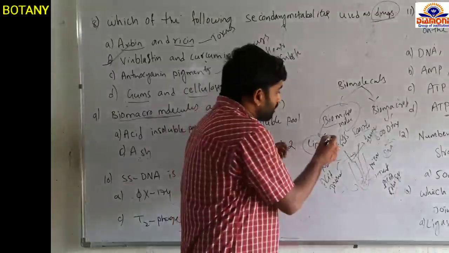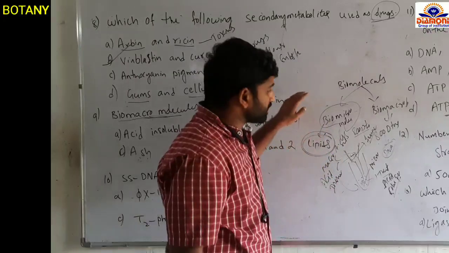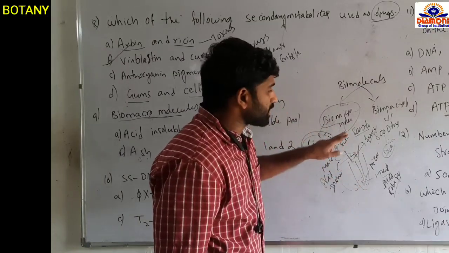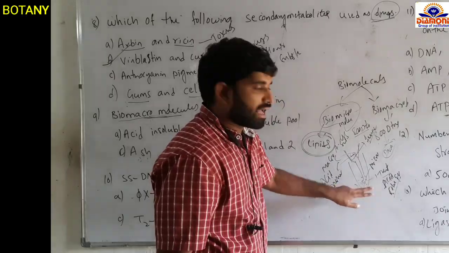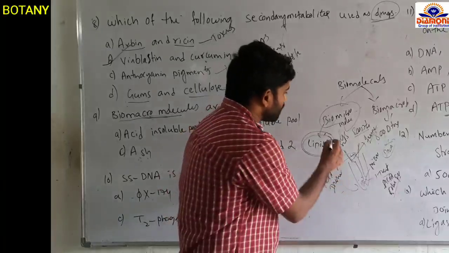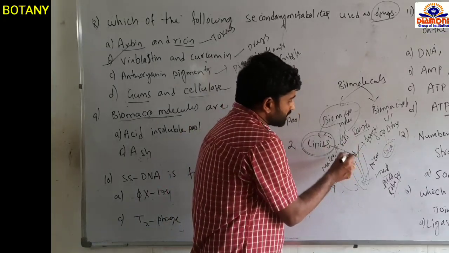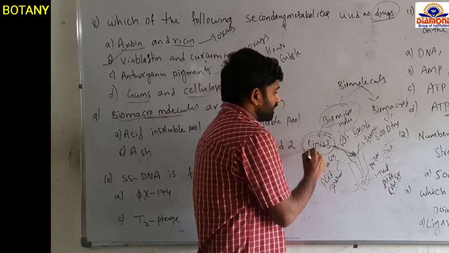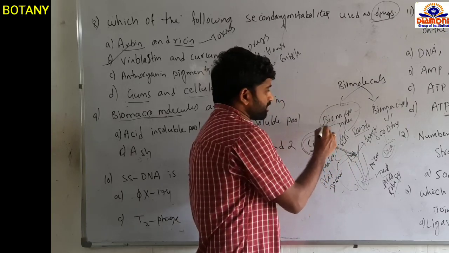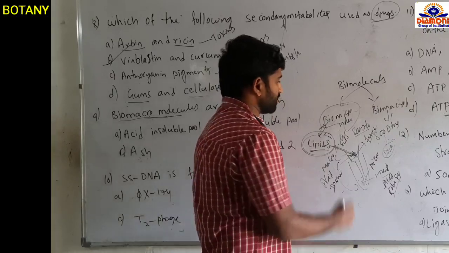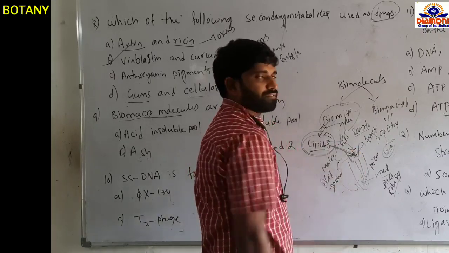Sorry, lipids are biomicromolecules, but they are collected from the acid insoluble fraction, not from the acid soluble fraction. These lipids have less than 800 Daltons and basically belong to the biomicromolecules, but we collect them in the acid insoluble fraction.